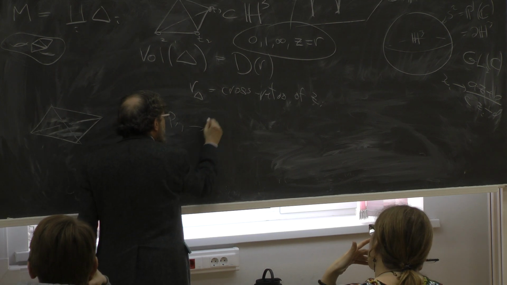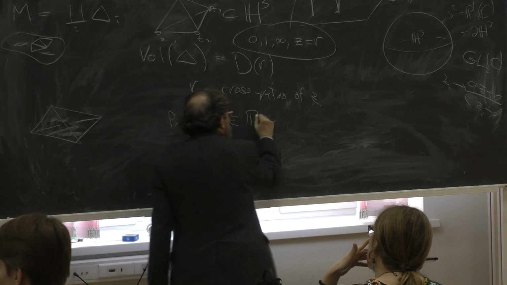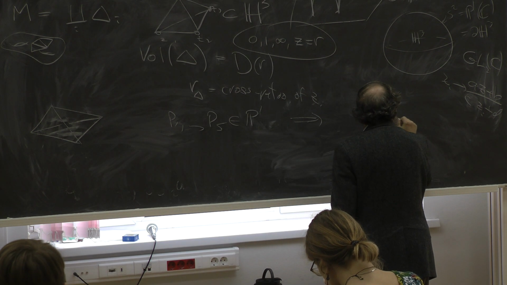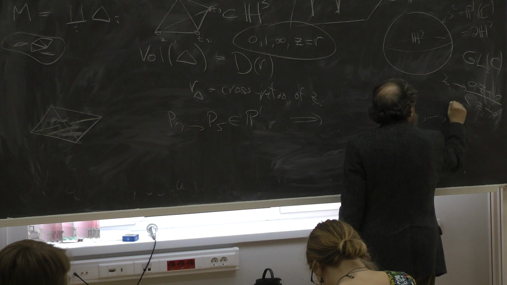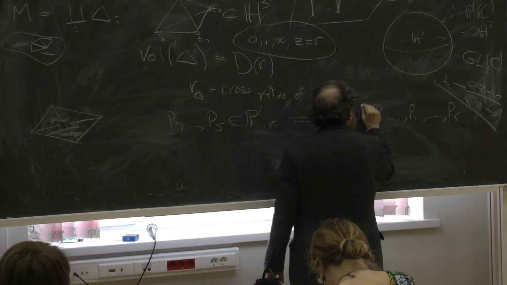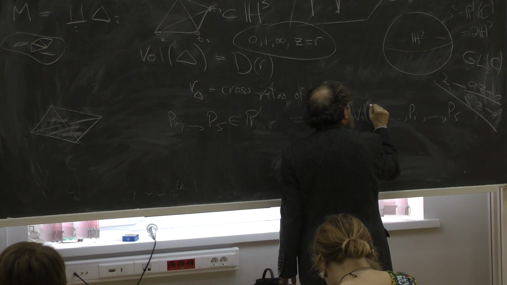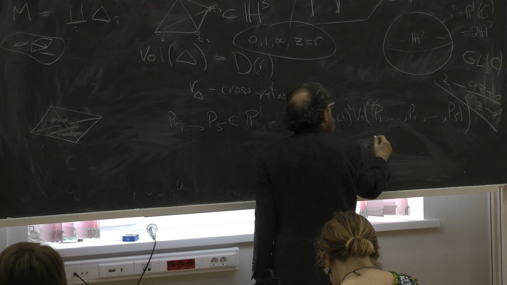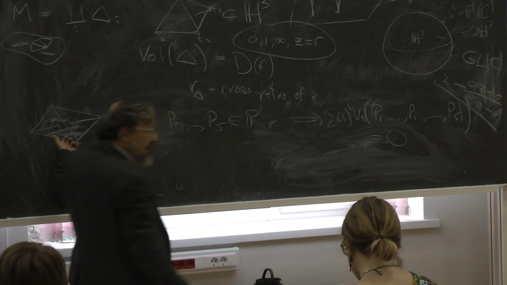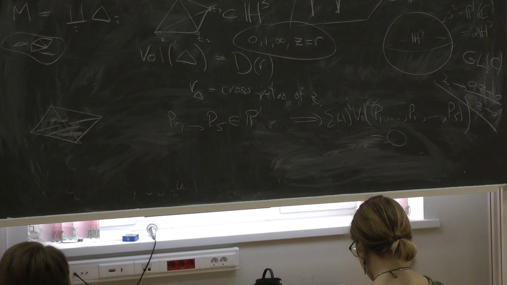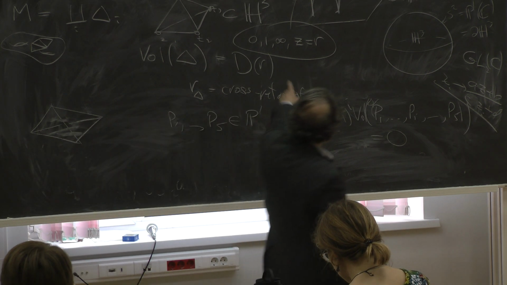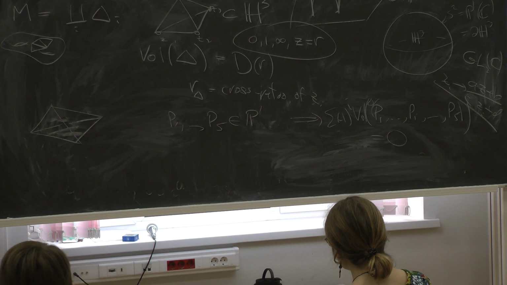If I have 5 points in P1, then if I take any 4 of them, so I leave out 1 of them, and take the volume of the delta with those vertices, well, actually it's the alternating volume with some orientation, you get 0 for the same reason as in this picture, the alternating sum of the areas of the triangles is 0. But because I told you that each of these volumes is a dilogarithm, that's a sum of 5 dilogarithms.